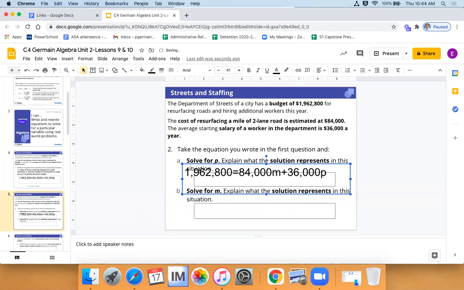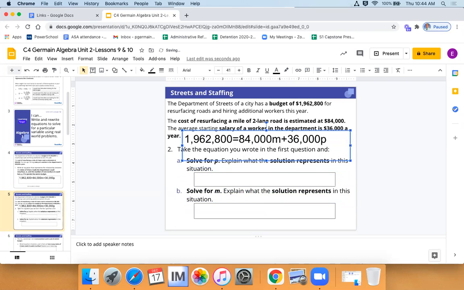We're going to take this equation and we are going to isolate now for P, or solve it for P. Then you are going to solve it for M. You're going to do two different solvings here. And then after that, you're going to tell me when would you use each one of those equations. I would use this solve for P equation when I'm looking for, I would use this solve for M equation when I'm looking for what?